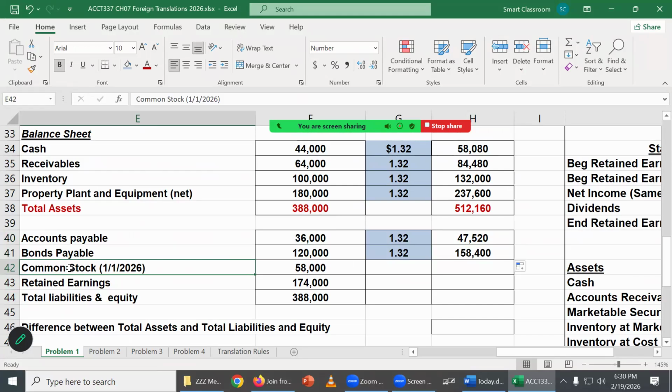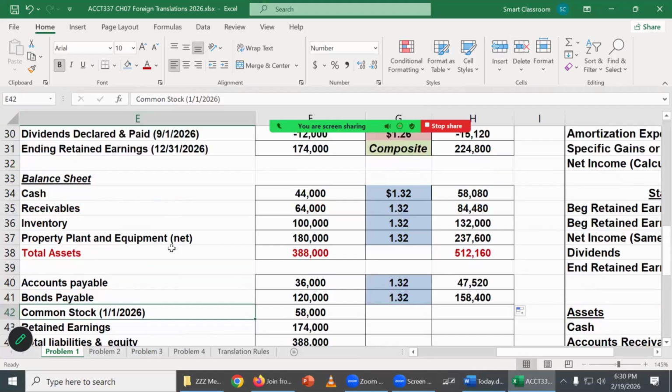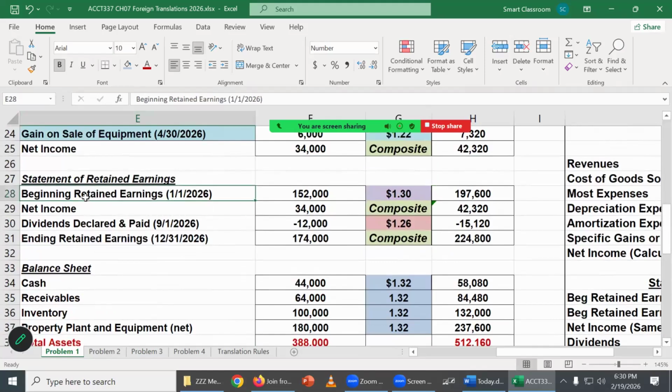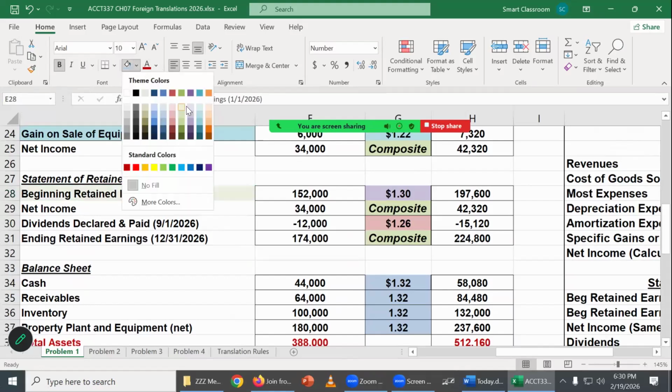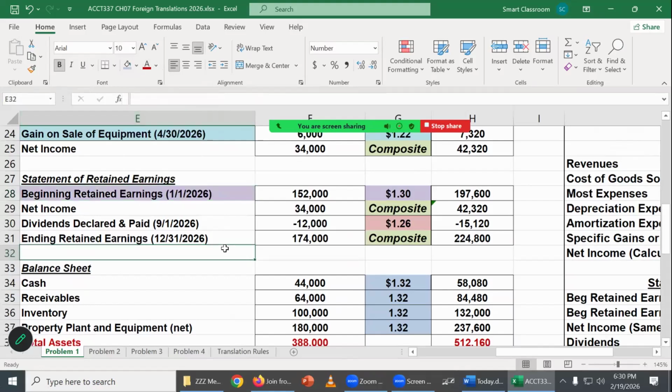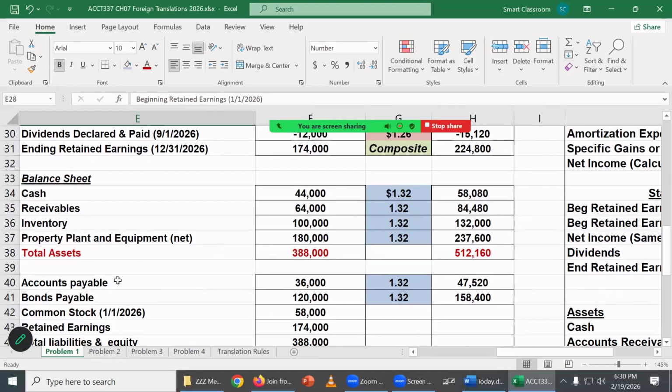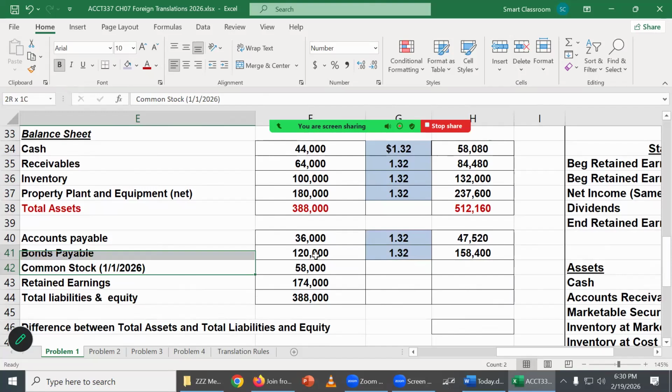Okay, common stock. Now we bought this. Remember we bought this company on January 1st, 2026. I don't have that in there, but I told you guys later. And so basically these first two, retained earnings and then the common stock, this is really what we bought it for.